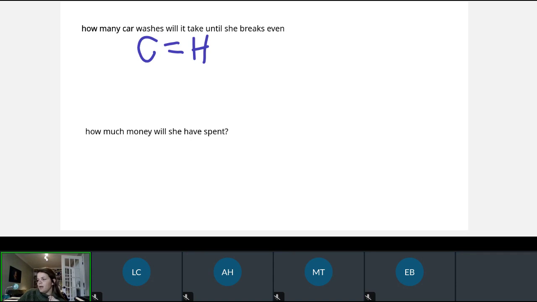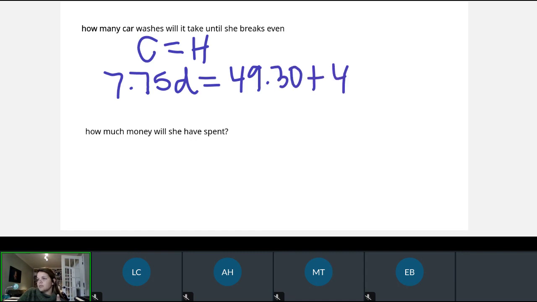Okay, but let me go back, pause for just a second. So you're wanting to know, when does Starbucks equal home? Instead of just putting these variables, though, I'm going to write out the equation. So mine was $7.75D. That was the car wash cost. When is that going to equal $49.30 plus $4.85D? So now the first step is you're going to write out your equations.